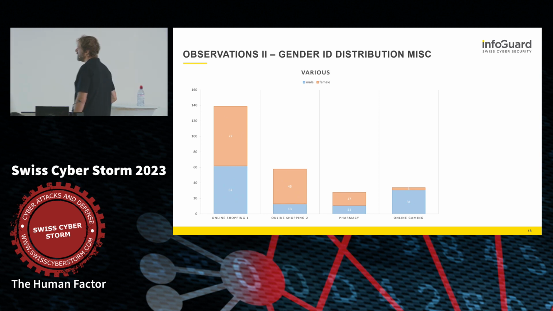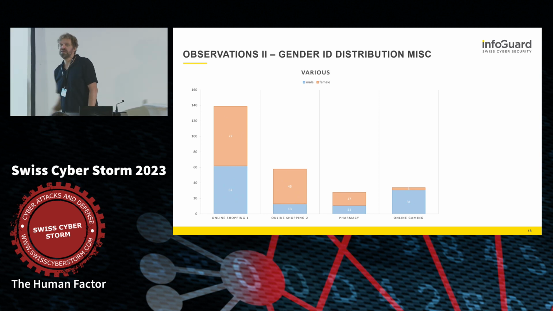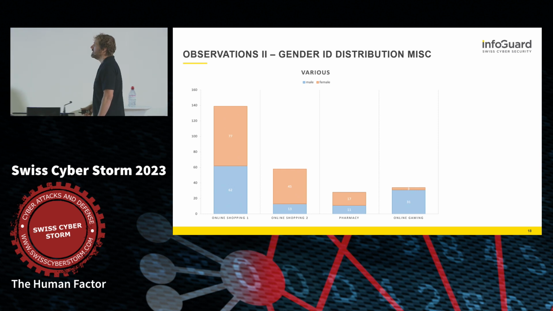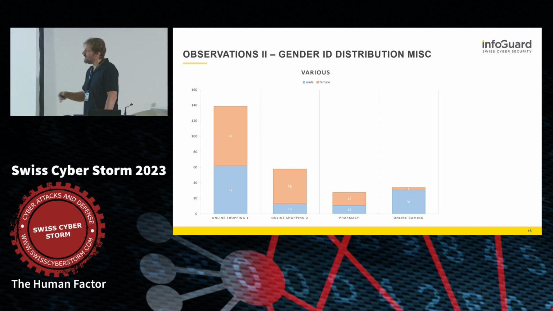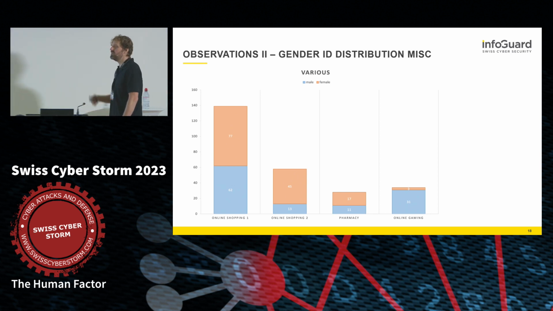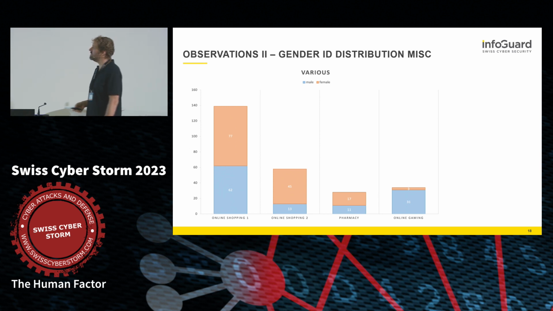Also, the online pharmacy, and here again, the online gaming is really heavily male dominated. So again, not something that is really surprising, kind of cliche sometimes, but we again see we can get out of these 400 samples quite some interesting insights and trends.